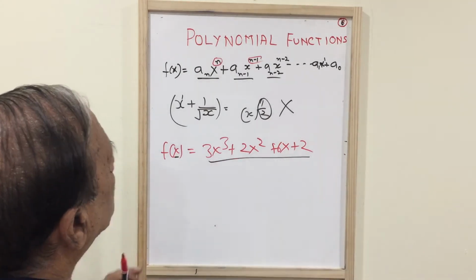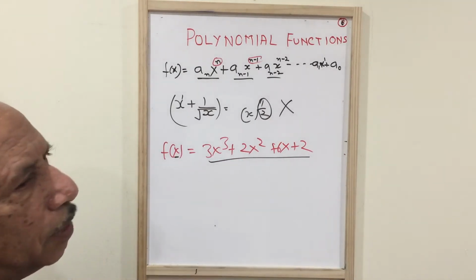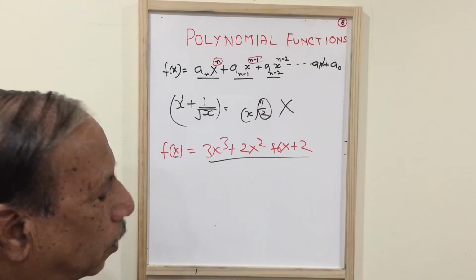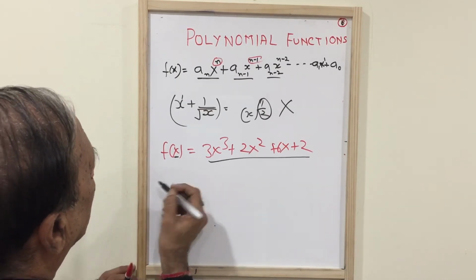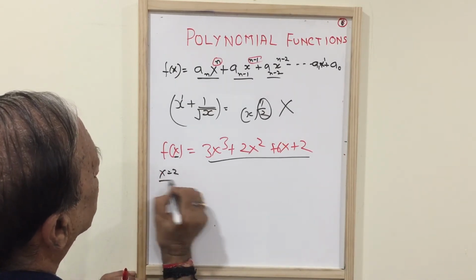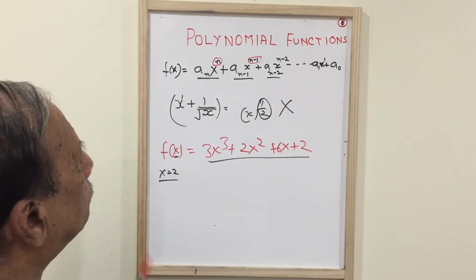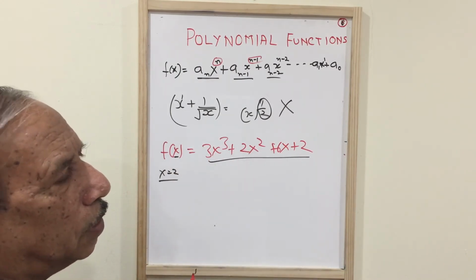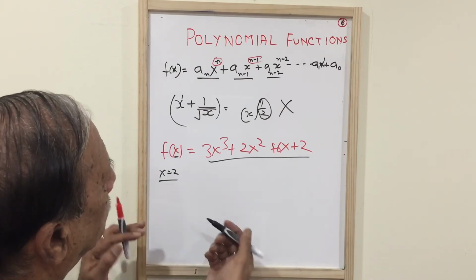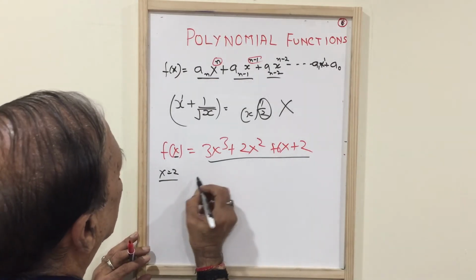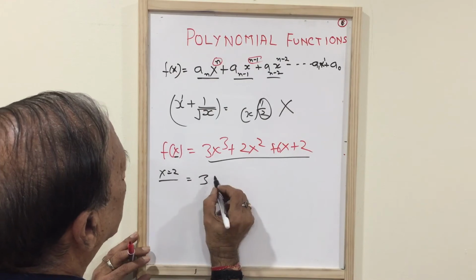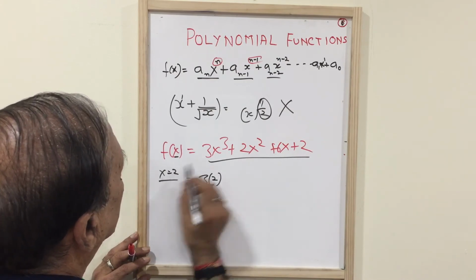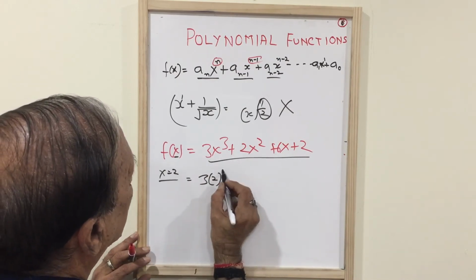Suppose this x is a variable and we have got a value of the variable. Suppose we can say x is equal to 2. So we have to substitute the value 2 in this polynomial and we'll find out the answer. If we substitute this value, then in place of x we'll write 2.